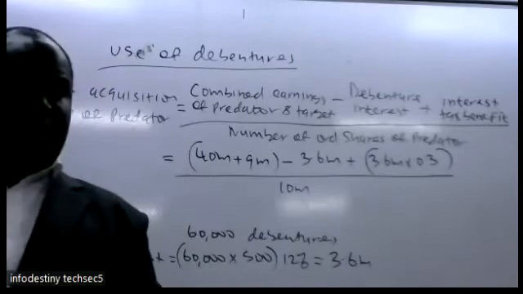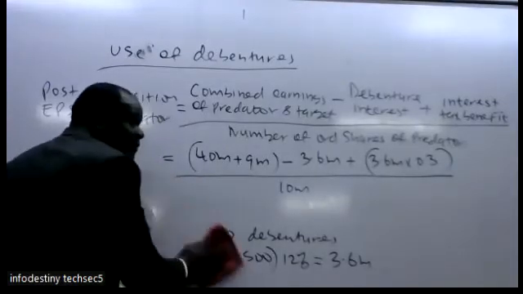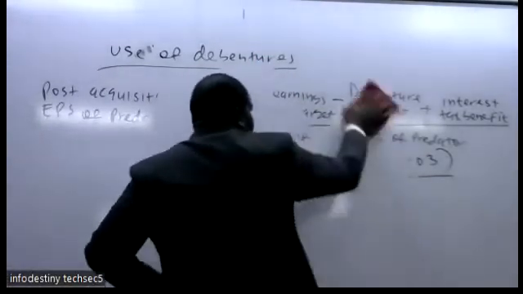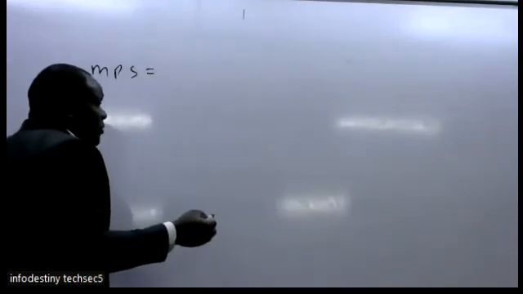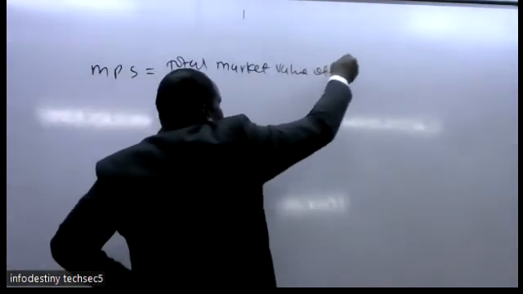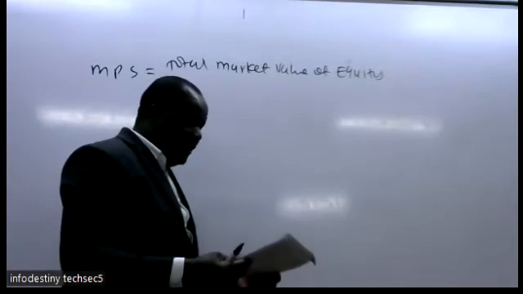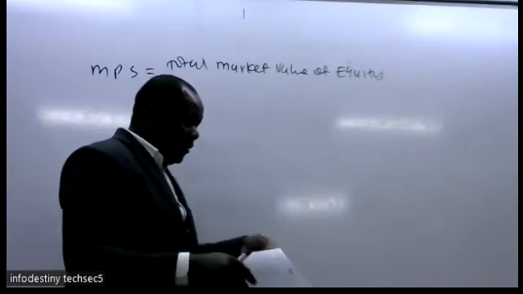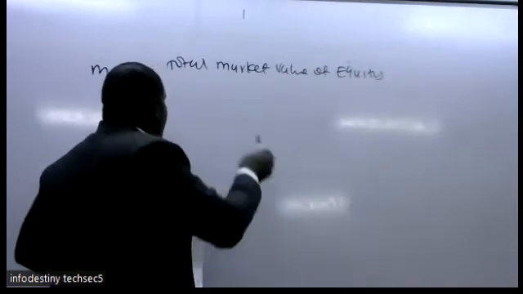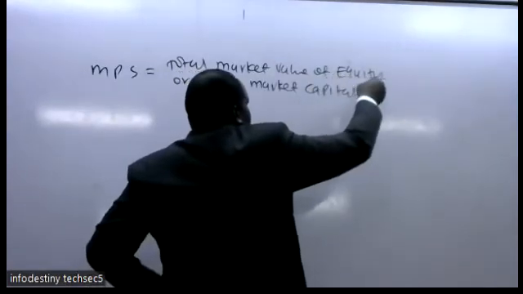So the first thing we do, Roman letter 1, first we get the market price per share. They would like you to calculate the market price per share. So to compute the market price per share, market price per share should be equal to total market value of equity, which they are referring to us as the total market capitalization.